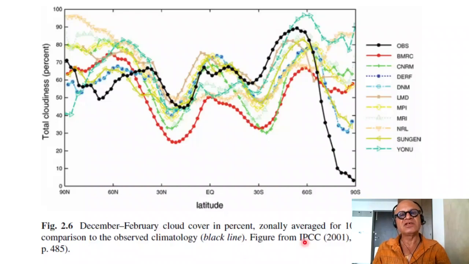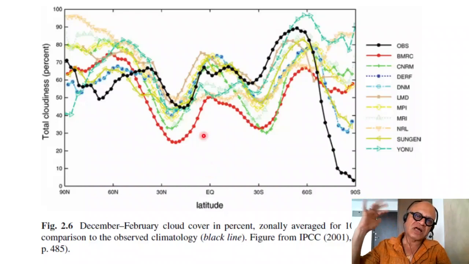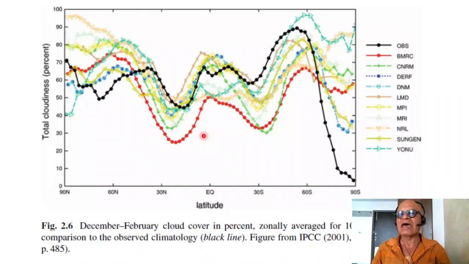And this is even a simpler way of comparing because there are low clouds, high clouds, deep clouds, rain-bearing clouds, and so on and so forth. So we are just averaging everything and looking at observations and looking at various models. So obviously there are difficult questions.